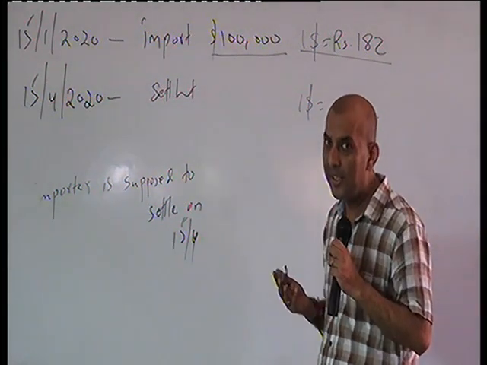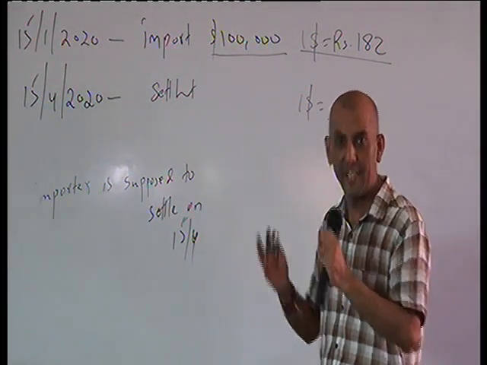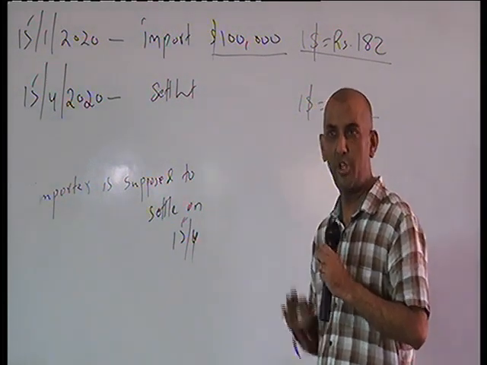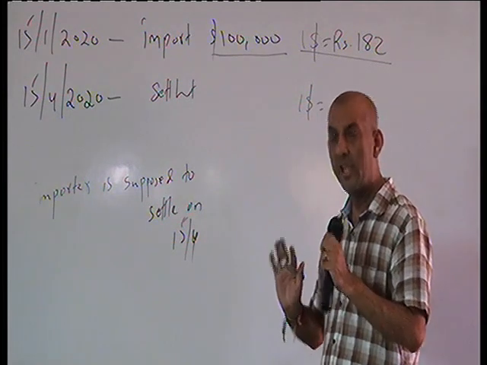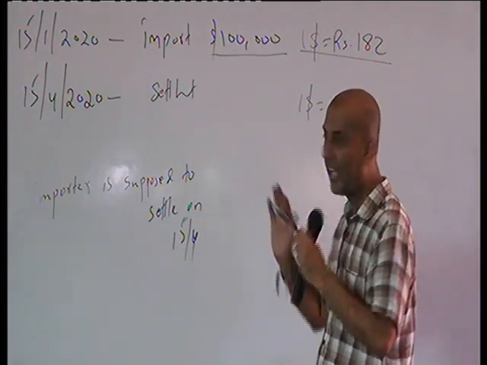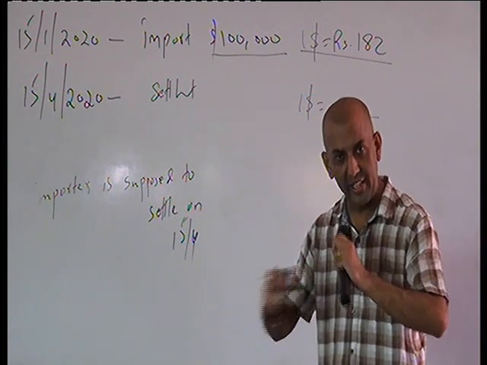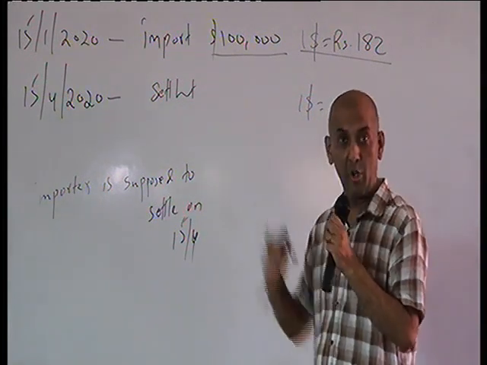So what is the best thing? You want to get into risk management. How do I reduce risk? Forward exchange contract. So you go to the bank and say, fine, shall we enter into a forward exchange contract? Bank will say, okay, fine, we both sign the agreement. It's a binding contract.